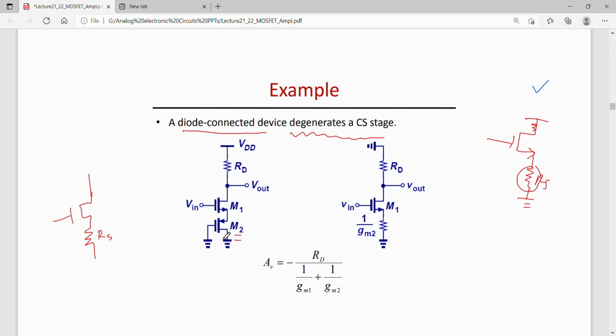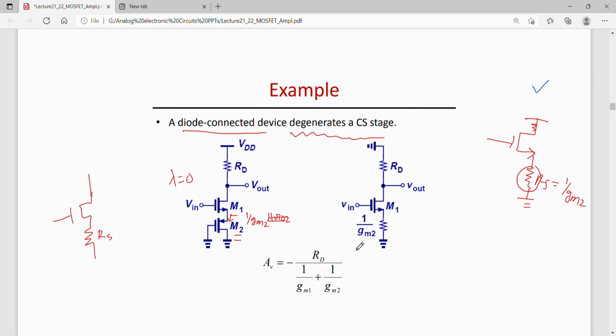For this circuit, one can find the gain again, by knowing that the impedance looking into the source of M2 is 1 by Gm2 parallel to RO2. But since we are considering lambda is 0, there is no RO2. So the impedance looking into the source is 1 by Gm2, that is, this Rs is 1 by Gm2.